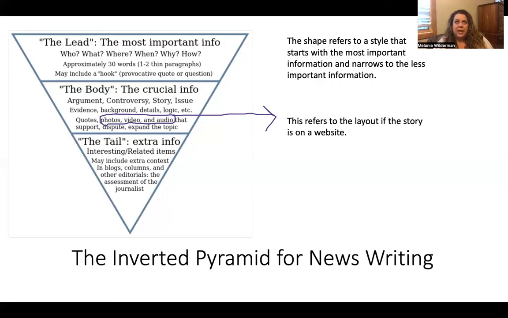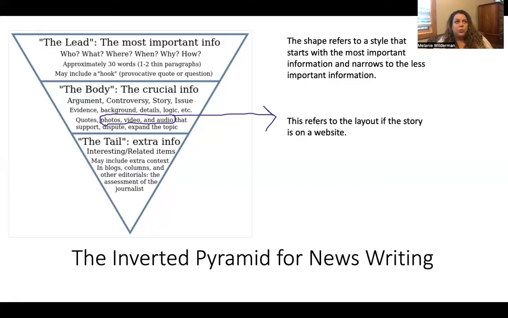Think of the body as the information that supports what you brought up in the lead. It's going to expand on the ideas and information presented in the lead, give the readers more detail about that, right? And this is going to be the place where you typically introduce your sources and you have quotes and paraphrases from your sources.